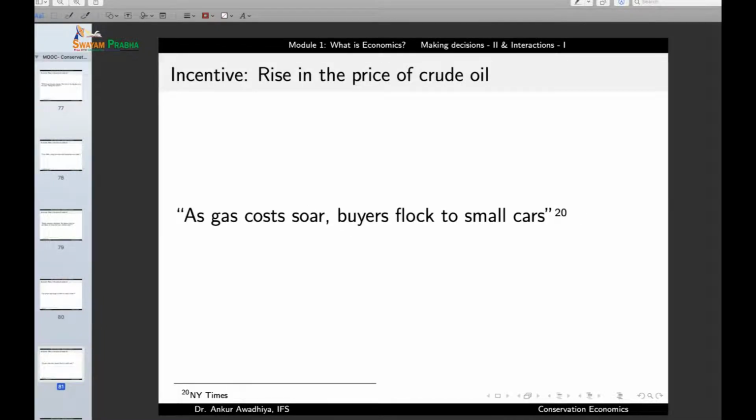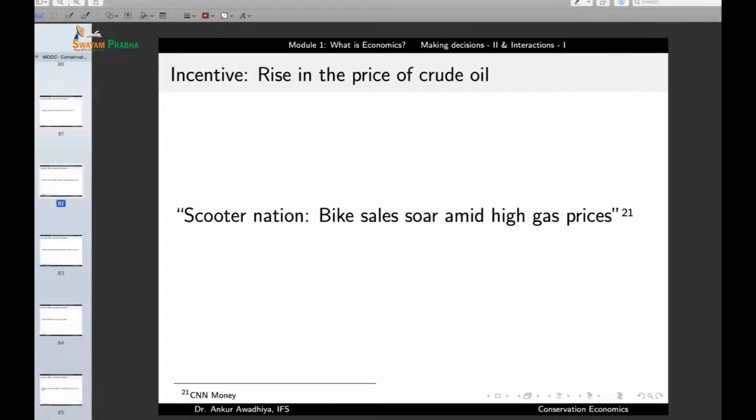Another article says, as gas costs soar, buyers flock to small cars. Because the larger vehicles are less fuel efficient, people have been induced to shift from larger cars to smaller cars, or even to scooters and two-wheelers, because scooters and two-wheelers are more fuel efficient compared to four-wheelers.